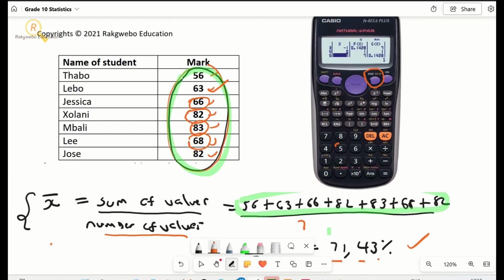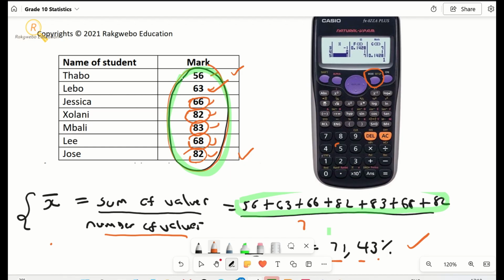You press the equal sign. Lastly, 82, and then also press your equal sign. Otherwise, the data won't get saved. So now what you see on your calculator is a series of numbers from 56, the first number, until 82. So now the data is stored in your calculator.